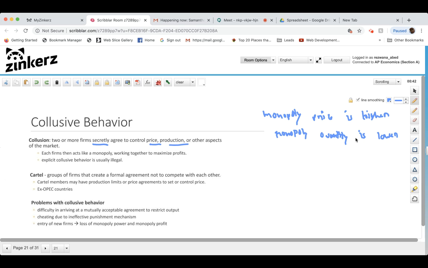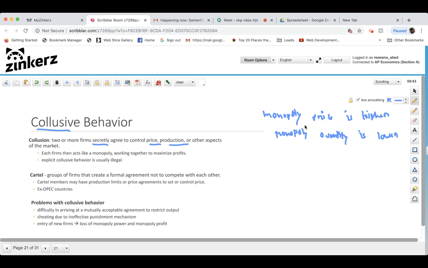And if they're both doing the same thing, they don't have the fear that happens with non-collusion, as we will see in a minute in the next slide. If you are colluding, you are making formal agreements that we're going to do the same thing, right? You and I are going to do the same thing essentially.